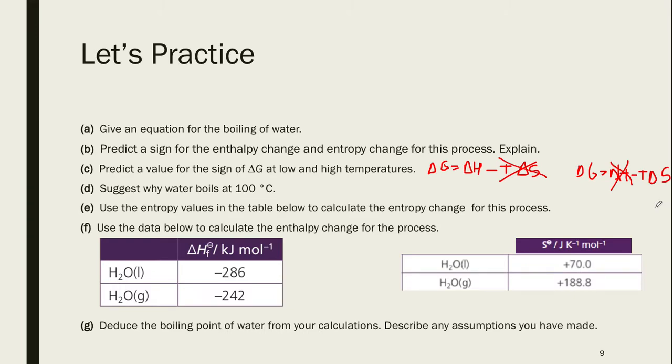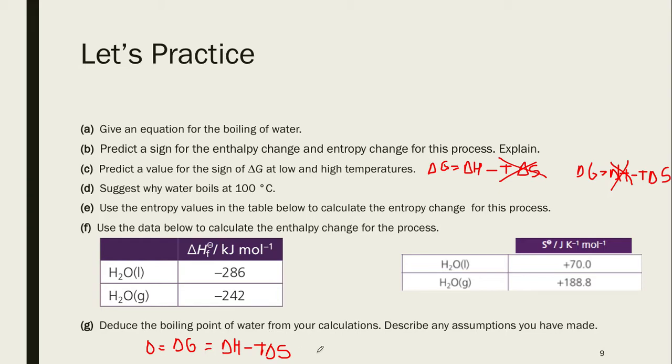Deduce the boiling point of water from your calculations and describe any assumptions you have made. Well, we know that delta G equals delta H minus T delta S. At the boiling point of water, delta G is equal to 0.